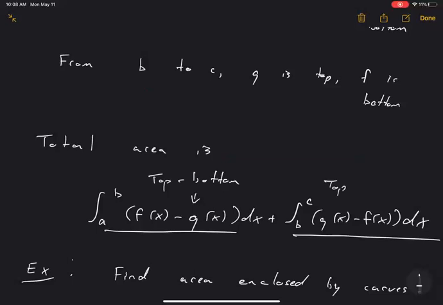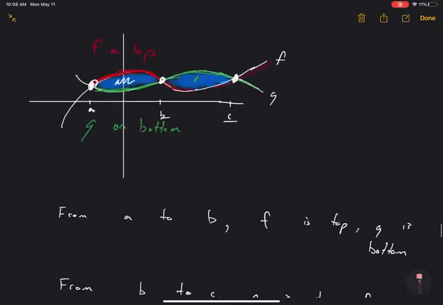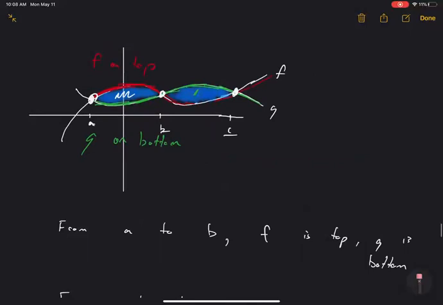So I still have top minus bottom, but these two expressions are different. I have f minus g on this left side, g minus f on this right side. So just make sure that you're always integrating top minus bottom, and you might have to break your region up into pieces to ensure that.